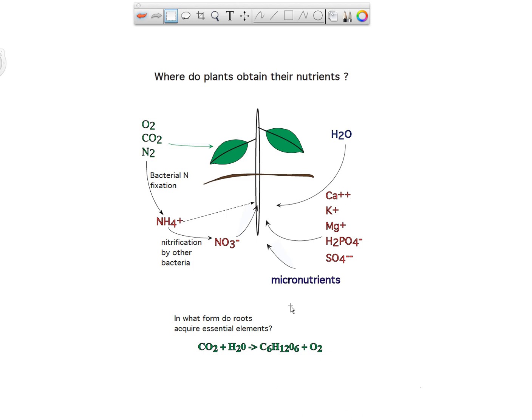There are many individual reactions, but the net reaction of photosynthesis is that it allows plants to take carbon dioxide and water, and convert them into carbohydrate and oxygen.